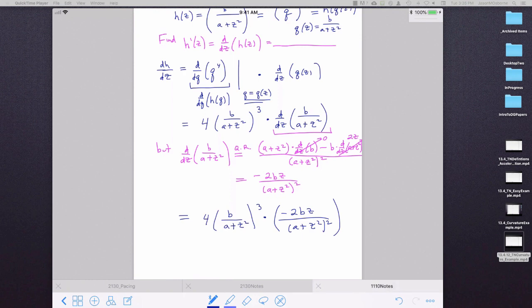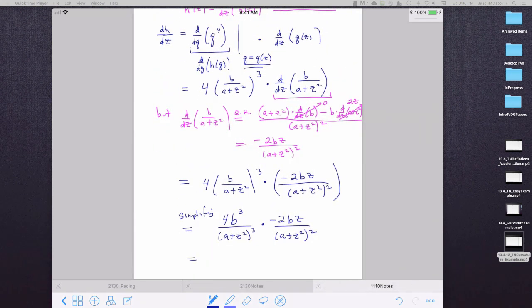And, you know, for example, if they would like you to simplify, I know Wiley Plus is often asking you to simplify, remember that this is going to be the same thing as 4b cubed over a plus z squared cubed. That's the same. Multiplying by negative 2bz over a plus z squared squared.